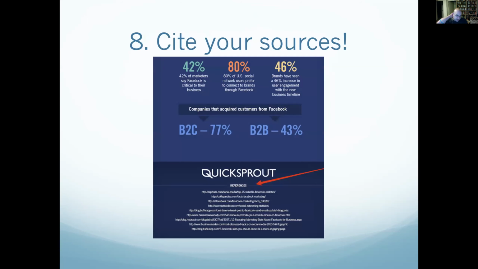And then finally, actually it said finally on the last slide, but this is really finally: cite your sources. Your infographic is only going to be as good as the quality of the information that you present. We could have a whole other conversation, which maybe I'll create as a separate video, on making sure that you represent data or facts accurately and in a way that helps people understand them better.